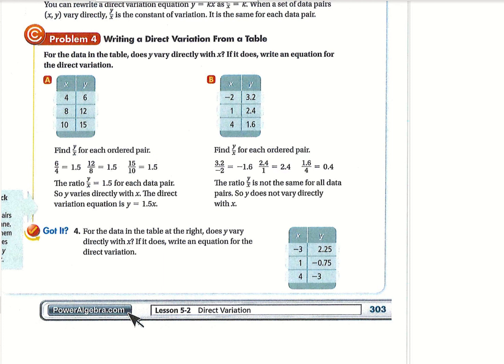All right, and again, this one would actually go through the origin. So if you did 0 for x, you would also get 0 for y. Whereas this one, if you did 0, it would not go directly through the origin.